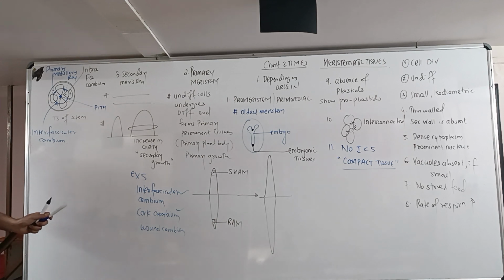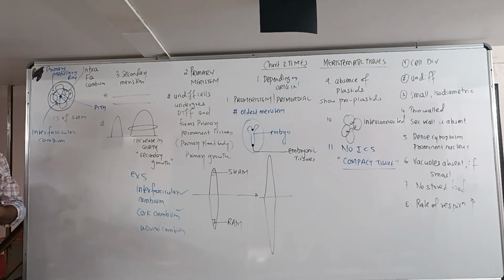So these are examples of which meristem बच्चे लोग? Secondary meristem. So depending upon the origin, how many types did we make? 3 types. What are 3 types? Primary meristem, promeristem and secondary meristem.